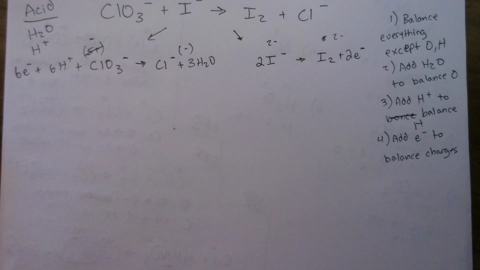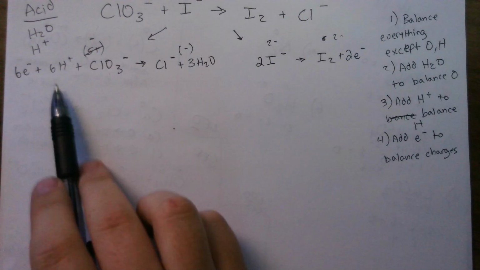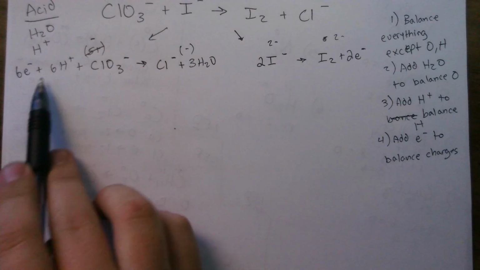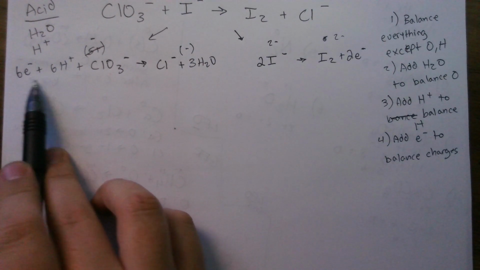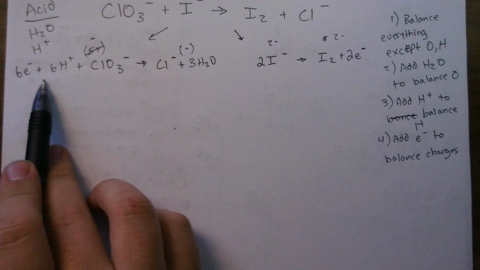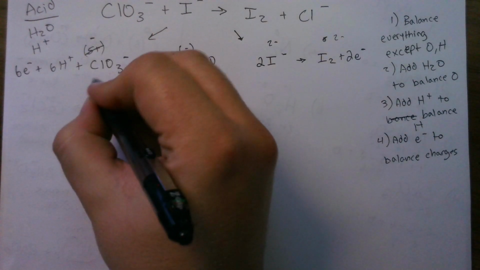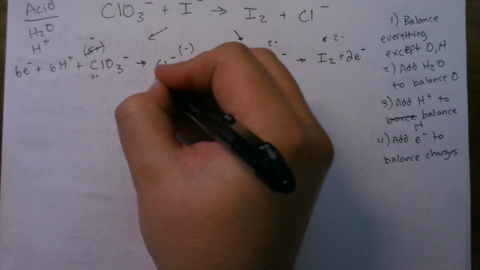If you think about it, on this side, electrons are a reactant. Since electrons are a reactant, that means you are gaining electrons. So this would have a 5 plus, so have a 1 minus.